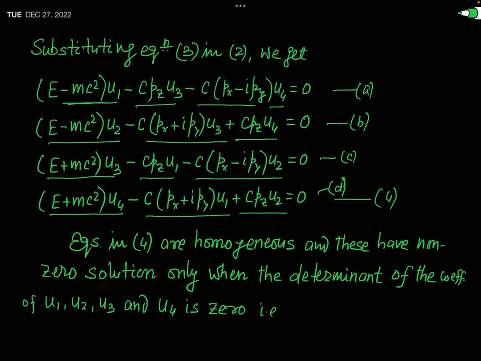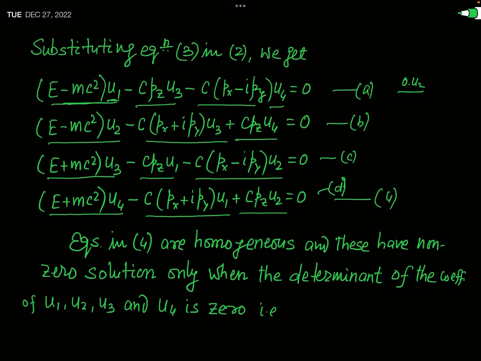So let us see what the coefficients of u1, u2, u3 and u4 in equation 4a are. The coefficient of u1 is E minus mc square. In this first equation u2 is not present, but if you want to write u2, you can write 0 times u2. So the coefficient of u2 in this first equation is 0.